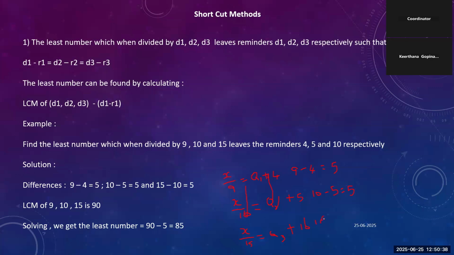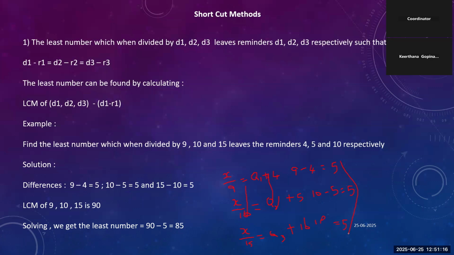So in all of these equations, divisor minus remainder gives you the same value, 5. In such cases, the least number will be LCM minus this 5. So 90 minus 5 is 85. That will be the answer for you.